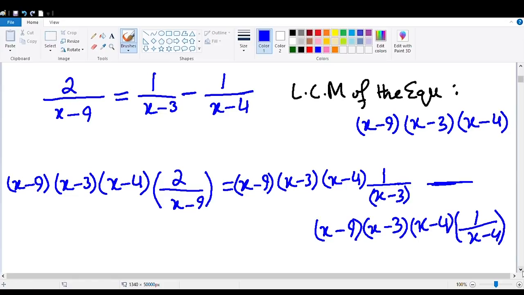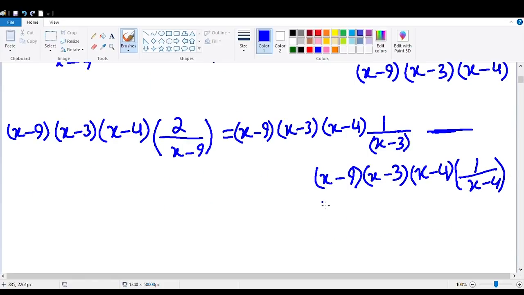Now, as you can see, some things can cross out. Over here, x minus 9 and x minus 9 can cross out. Over here, x minus 3 and x minus 3 can cross out, and over here x minus 4 and x minus 4 can cross out.